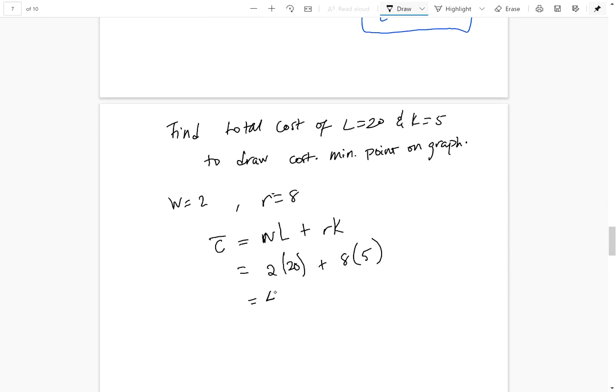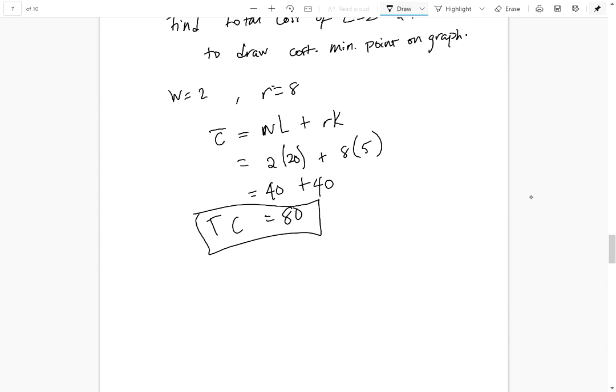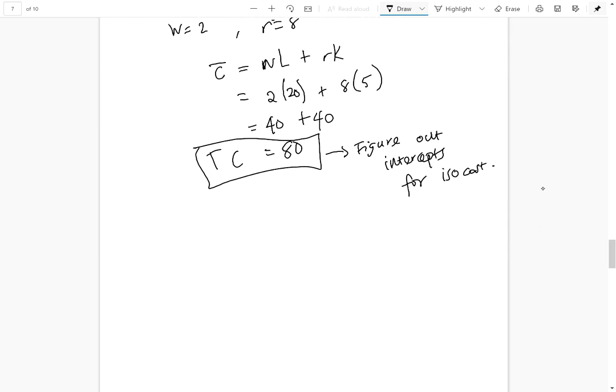So that is 40 plus 40, which means our total cost here is 80. With this, we can figure out our intercepts for our iso-cost line.